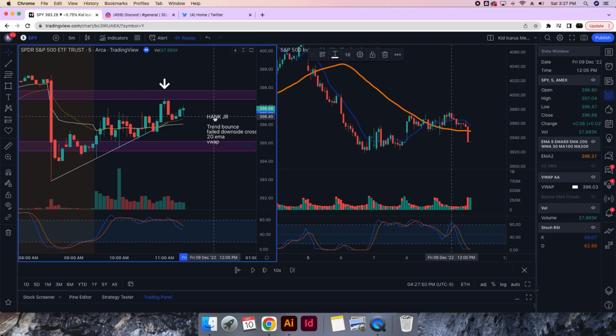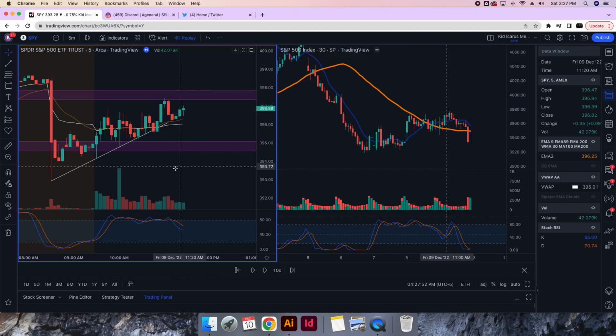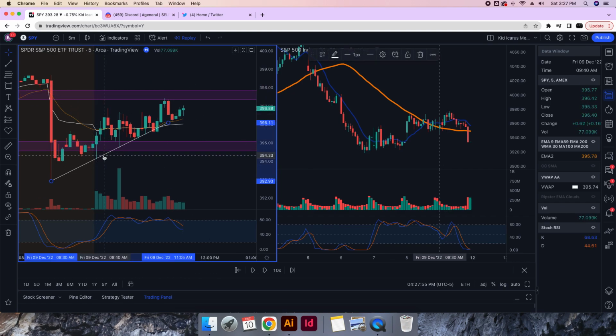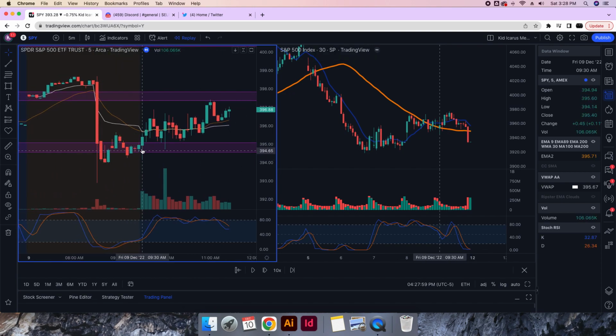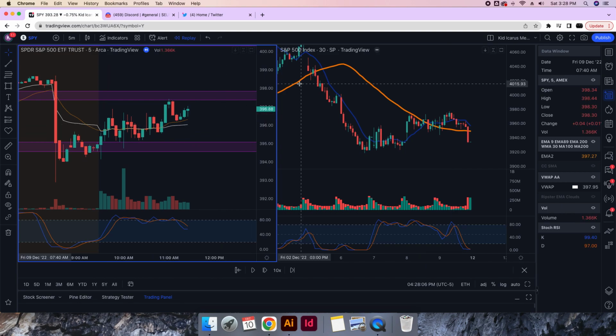So that's my two setups that I trade all the time. This was a really nice day where I got two 100% plays. Actually, this one was a little less than 100% because I didn't get filled quite low enough on that candle, but it was like 80%.